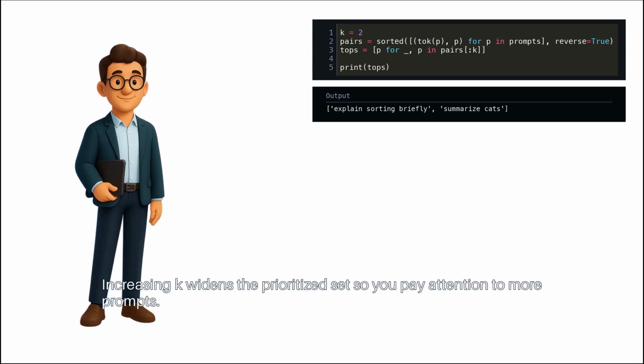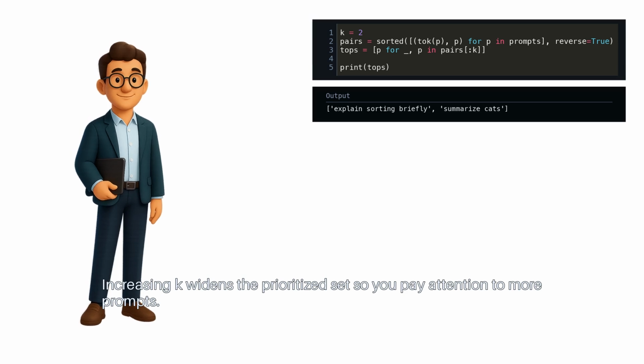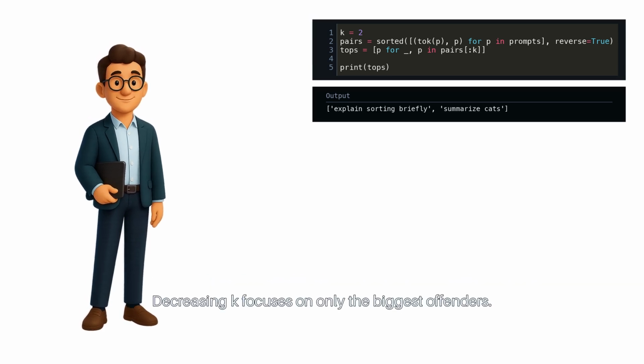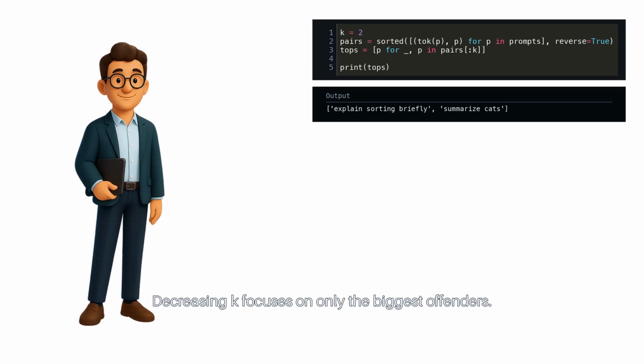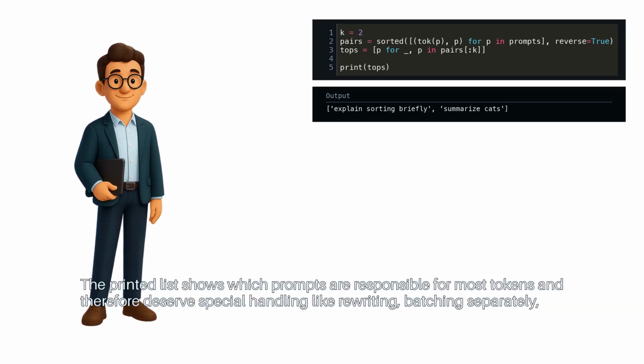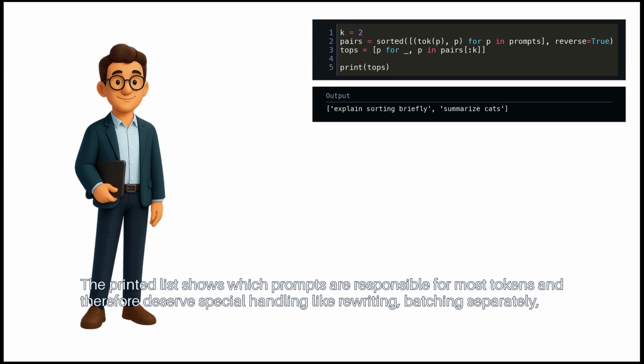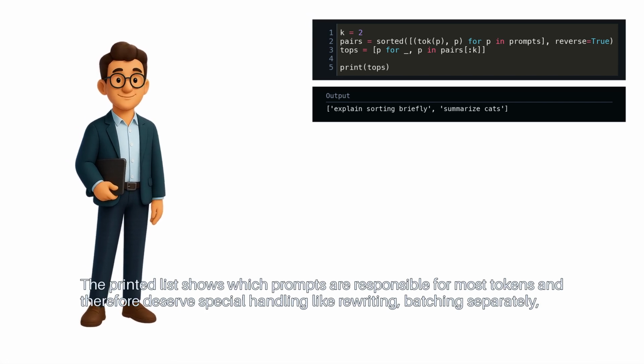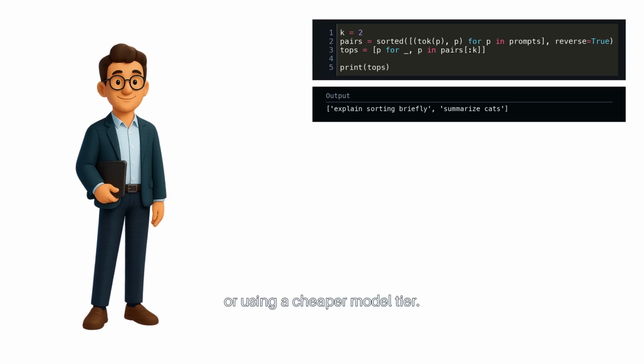Increasing K widens the prioritized set so you pay attention to more prompts. Decreasing K focuses on only the biggest offenders. The printed list shows which prompts are responsible for most tokens, and therefore deserve special handling like rewriting, batching separately, or using a cheaper model tier.